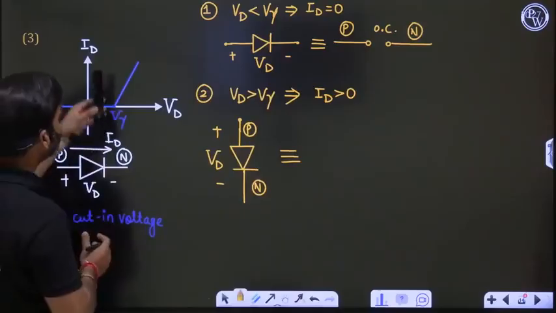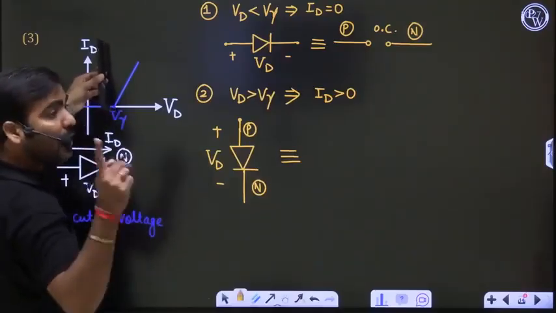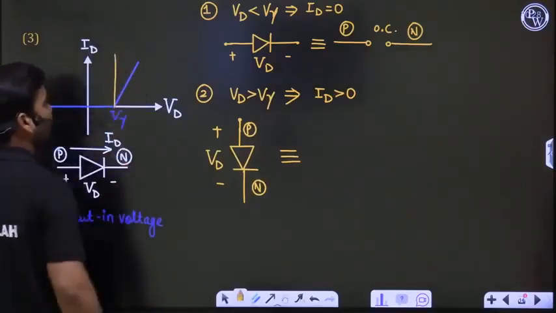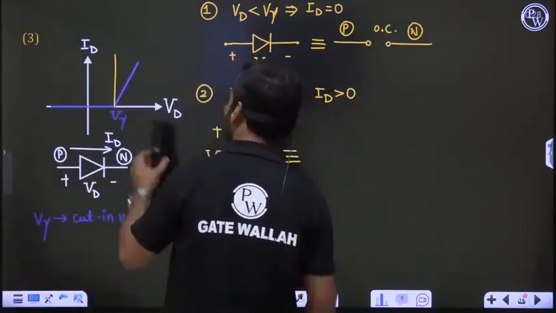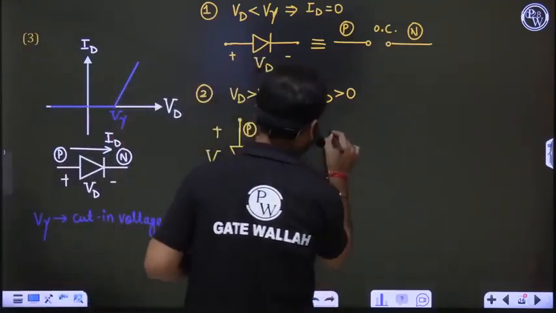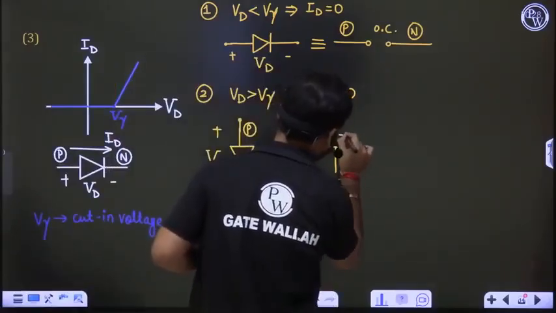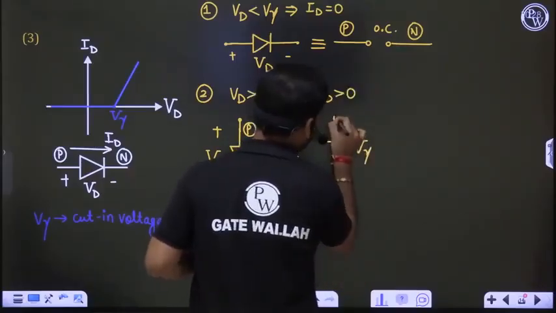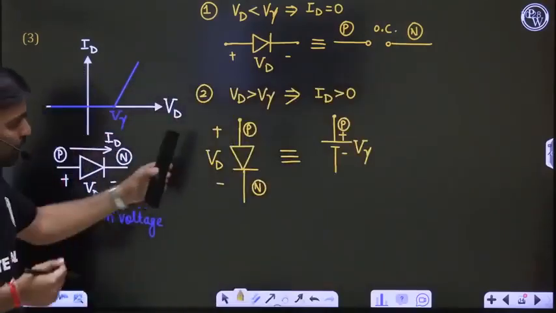Earlier you had a vertical line, you were replacing the diode with a battery. Just think of it as a vertical line only. If it is a vertical line, we were replacing the diode with V gamma, P side positive, N side negative, and this was the cut in voltage V gamma.